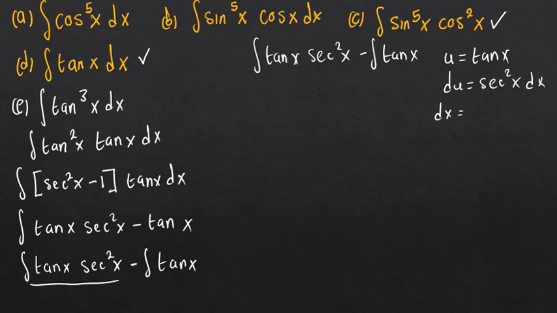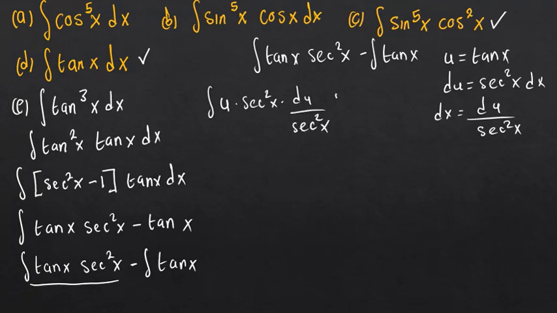So dx is going to equal du over secant squared x. So meaning, where there is tan, I can put u, then I have secant squared x, then du over secant squared x, minus the integral of tan x. So if I do that, this and that will cancel. So I'm going to have the integral of u du minus the integral of tan x dx.